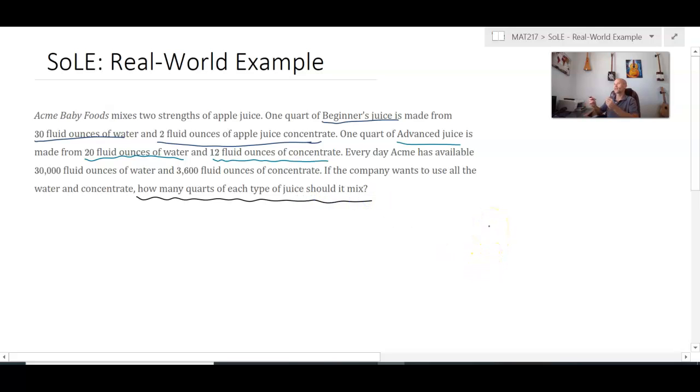And that's unknown, right? At this point, we could say that we want X quarts of beginner's juice and we want Y quarts of advanced juice. Of course, instead of using X and Y, maybe we use B and A for it. And that's totally a matter of preference. In fact, let's go ahead and just stick with X and Y since we only have 2 variables.